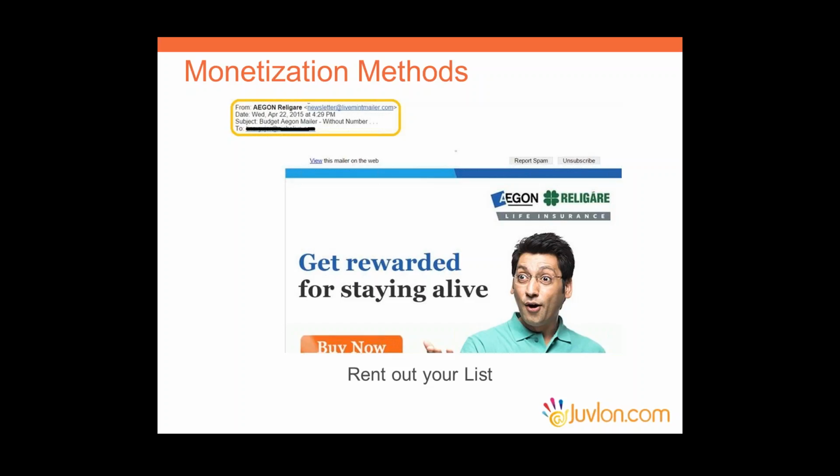For example, in this example, you can see that Egon Eliger is sending out emails for Live Mint. So Live Mint has rented the list from Egon Eliger and they're sending out some promotions that they have. So this is the kind of renting out your list.